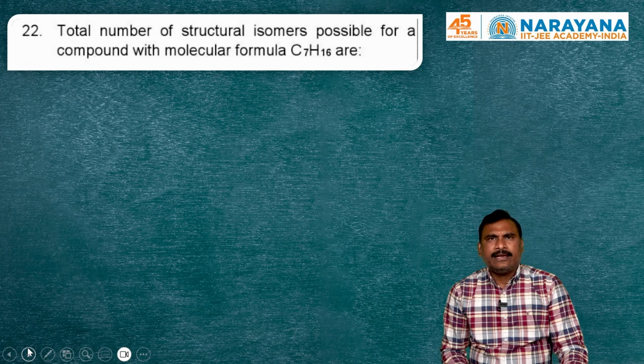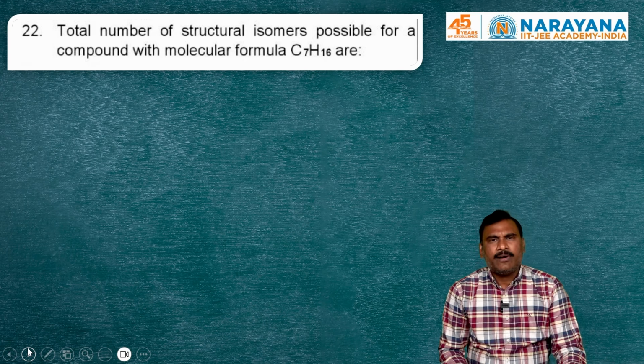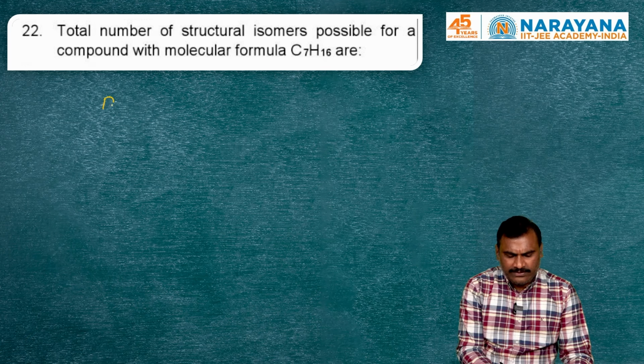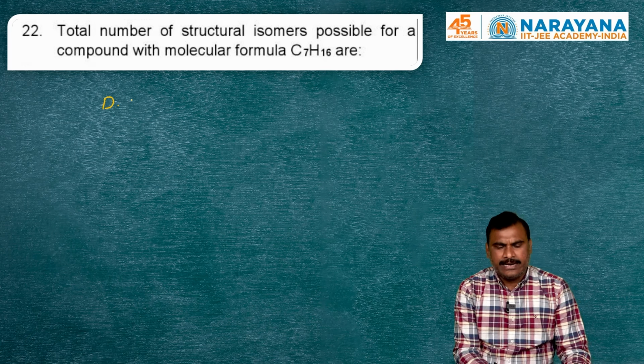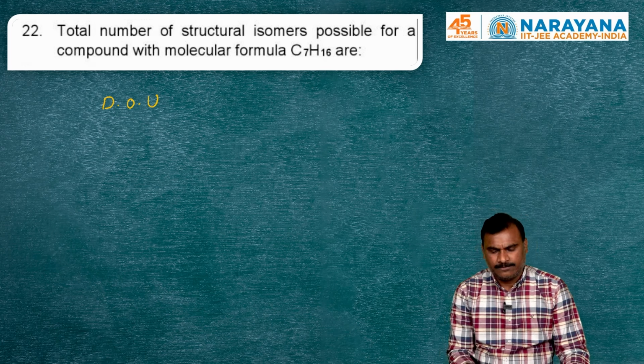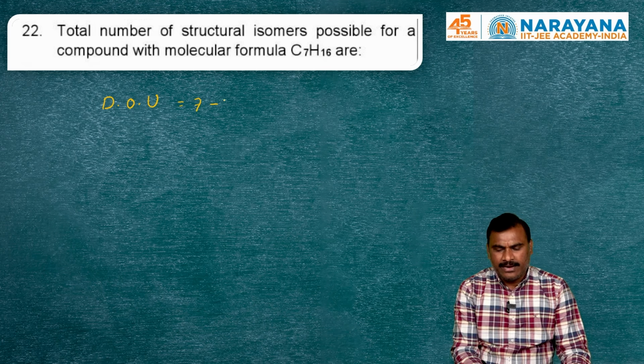22. Total number of structural isomers possible for a compound with molecular formula C7H16. Whenever this is given, first calculate the double bond equivalence, also called degree of unsaturation or hydrogen deficiency index. That value is number of carbons minus number of hydrogens by 2 plus number of halogens by 2 plus 1.